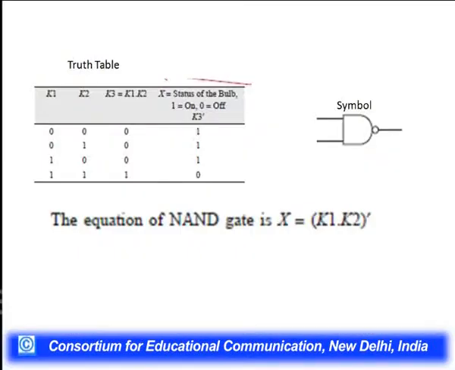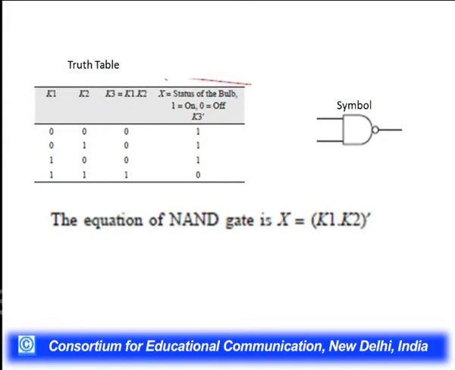Now, consider another case, K1 equal to 1, K2 equal to 0. So 1 dot 0 is equal to 0. So the value of K3 is 0. Another case, K1 is 1, K2 is 1. So 1 dot 1 is equal to 1, and then this K3 becomes the input for the NOT gate.